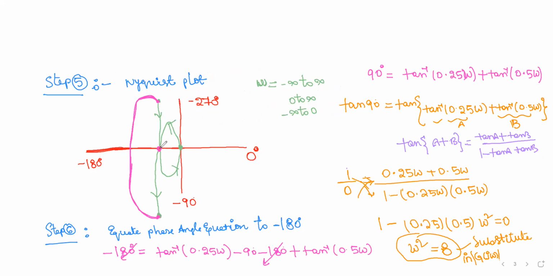So the plot exists on the left hand side. So the value is how much? Minus 0.5 K. So this point is minus 0.5 K.